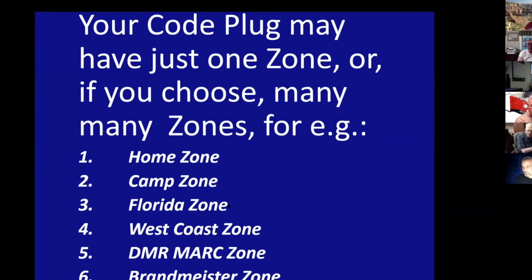I just have had the radio for a couple of months and haven't been to Florida since I had it, but I already have all the Florida repeaters in another zone. I have a zone just for the DMR MARC repeaters and a Brandmeister zone. What the heck is Brandmeister? If you don't know, we're going to get to that.